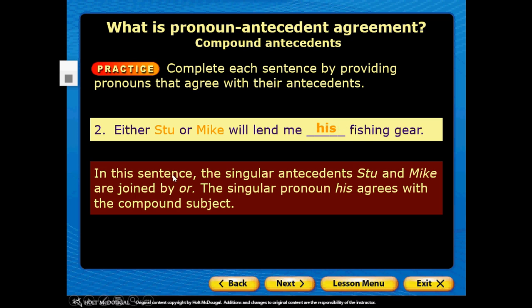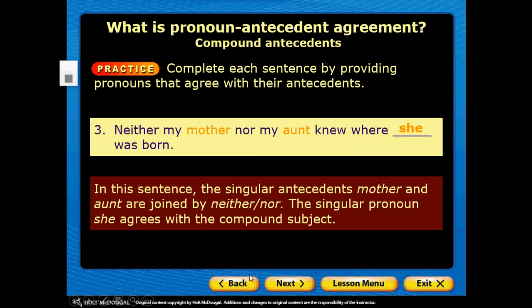So in the sentence, the singular antecedents, Stu and Mike, are joined by or. The singular pronoun his agrees with the compound subject. So we're not using their, we're using his because we're talking about one or the other. Yep.